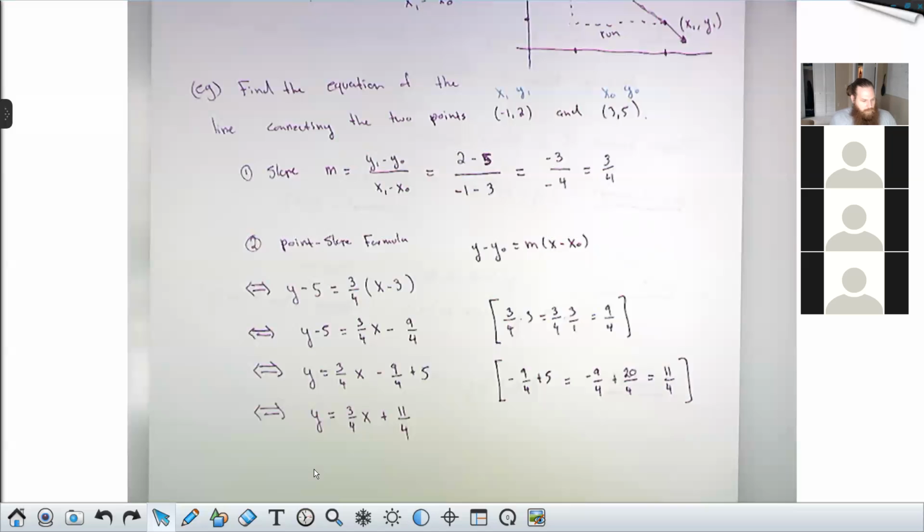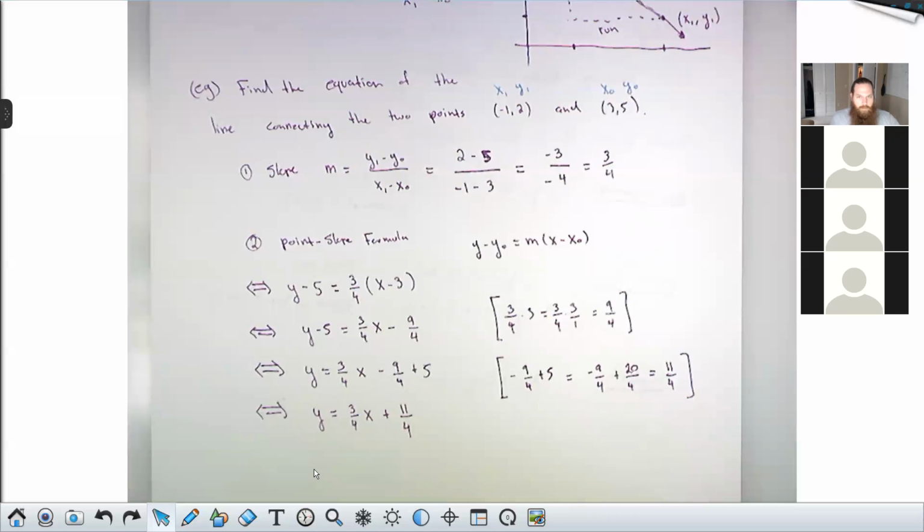All of this has been done before. I'm sure none of this is new to you, maybe just some refreshers on formulas and methods of calculation, but something that maybe is new is this concept called average rate of change. So if there are not any questions on this example, I would like to talk next about that. Are there any questions about how we found the equation of this line?